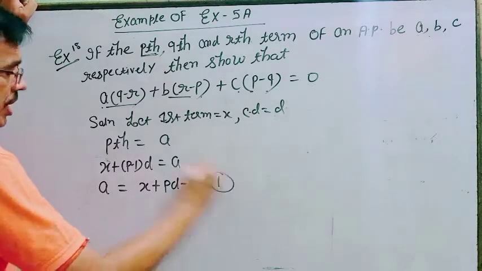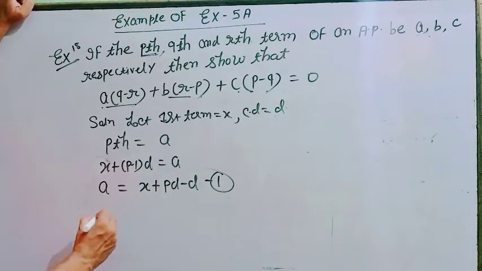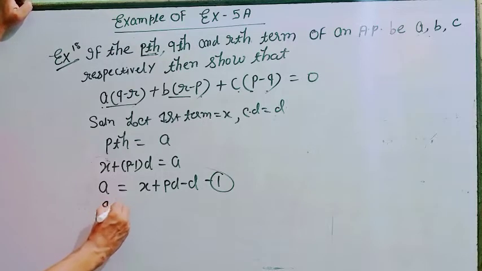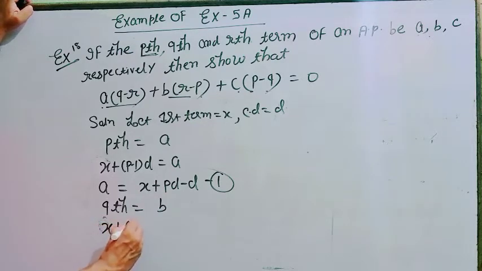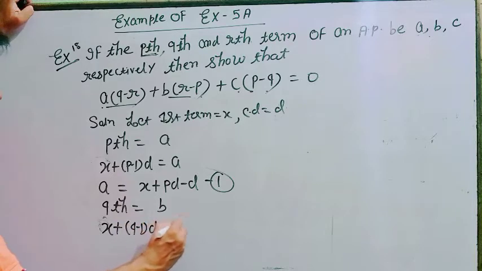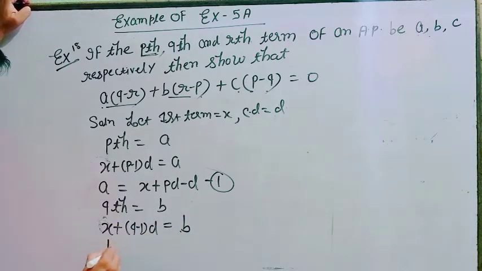That is equation first. Similarly, the qth term is B. So you write x, because the first term is x, plus (q minus 1) into d is equal to B. Then B is equal to x plus qd minus d.